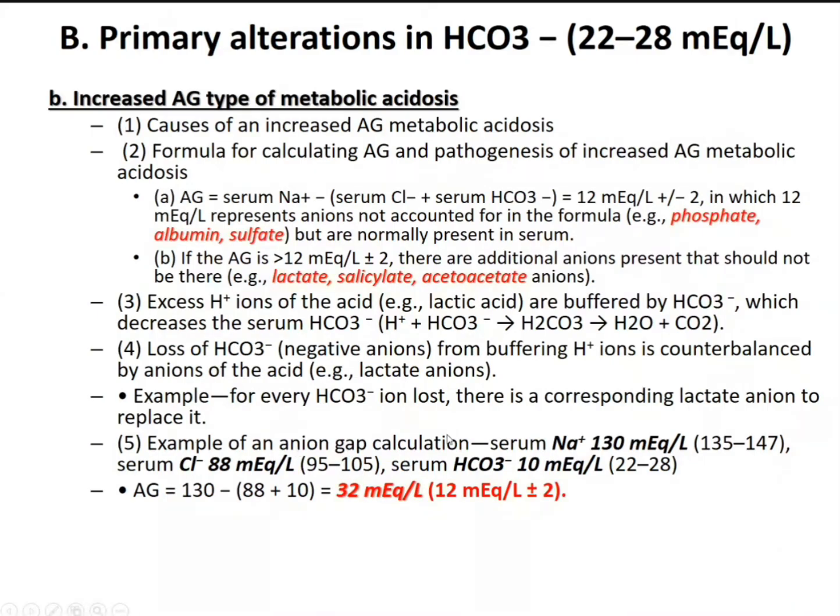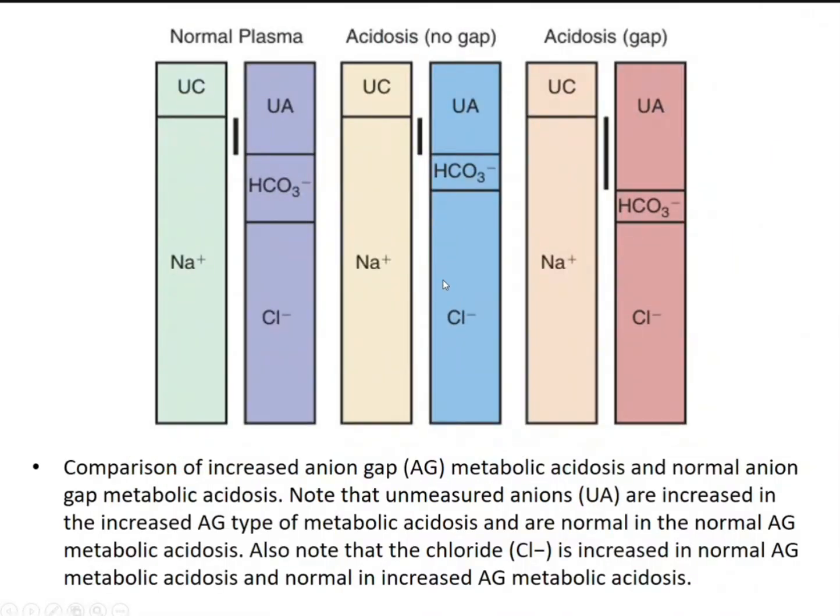An example of an anion gap calculation: suppose you have a serum sodium of 130, serum chloride is 88. So there's a fall in chloride. If you remember that image, the chloride fraction goes down in anion gap acidosis, and serum bicarb has also gone down. If I just go back here, see, chloride fraction has shrunk, and the bicarb has shrunk.